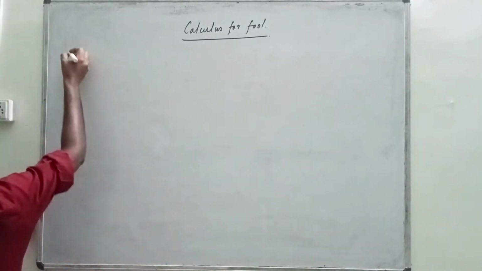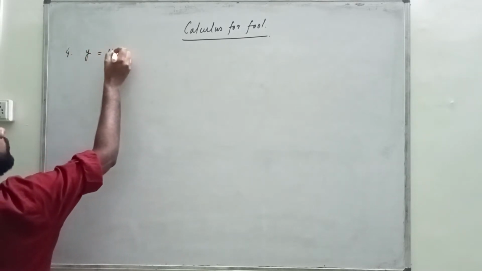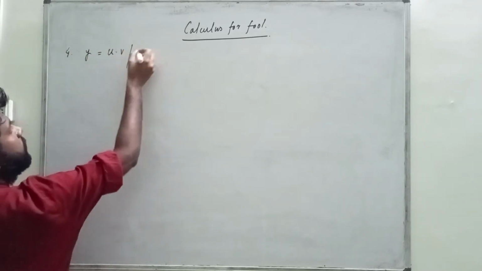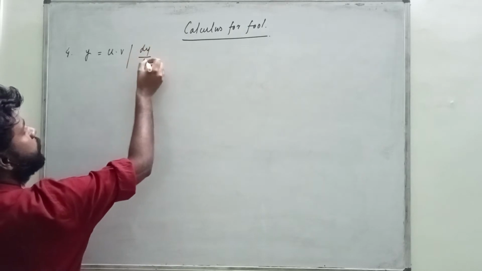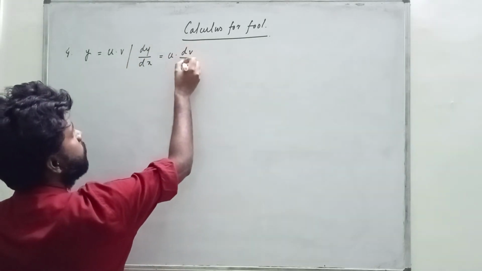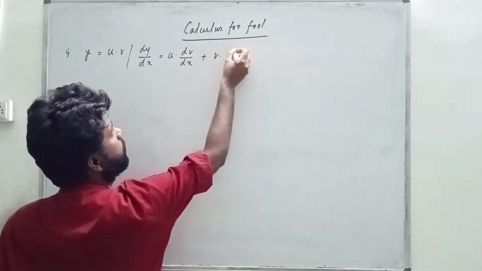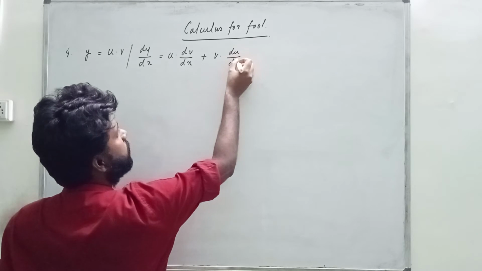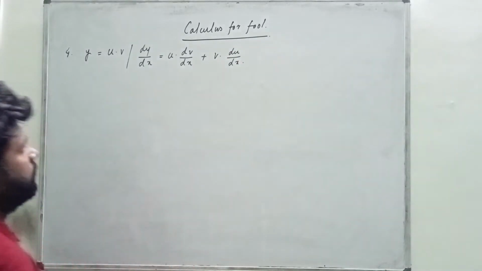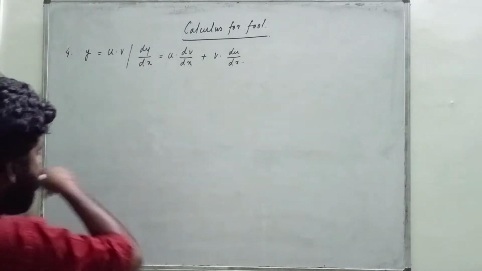The number 4, if y equals u into v, so the dy dx goes to u into dv over dx plus v into du over dx, right? Okay. So now I will introduce another thing.